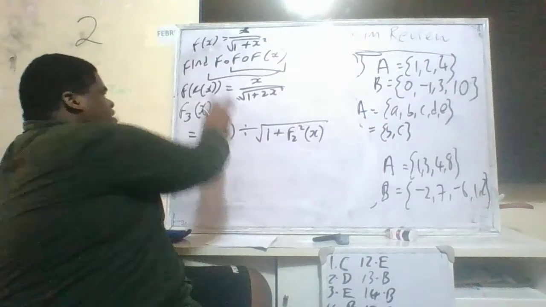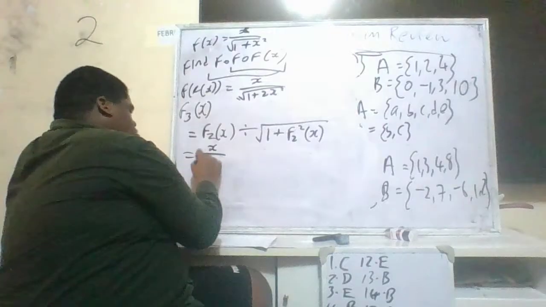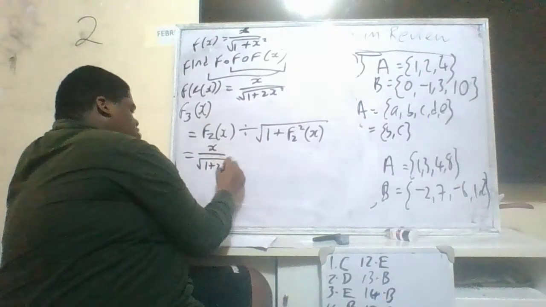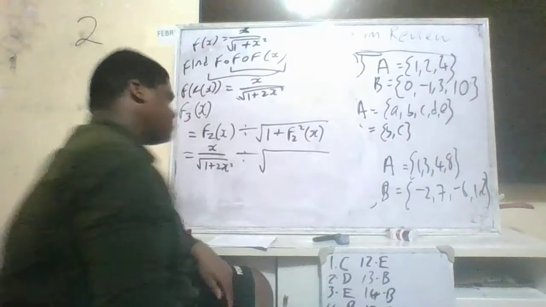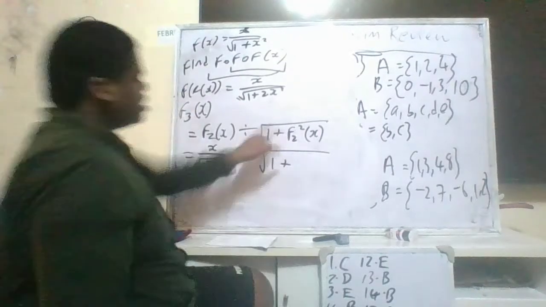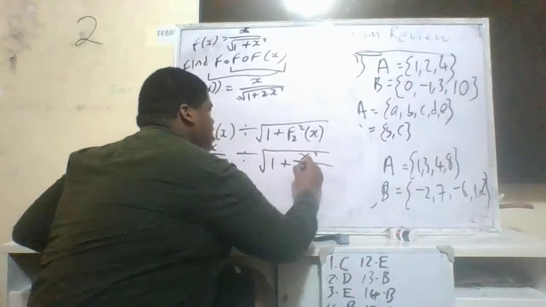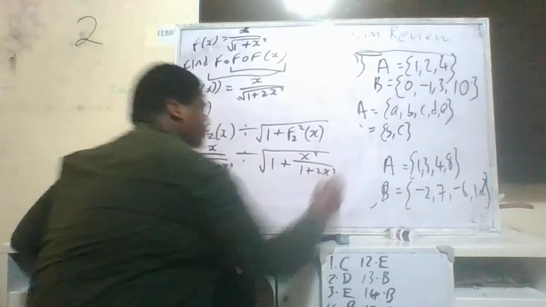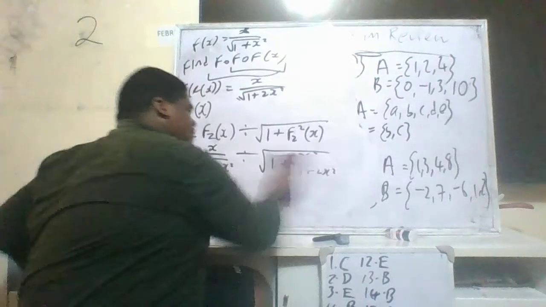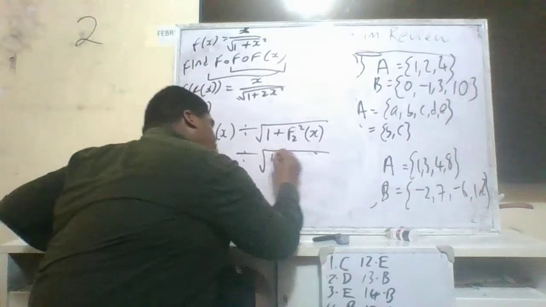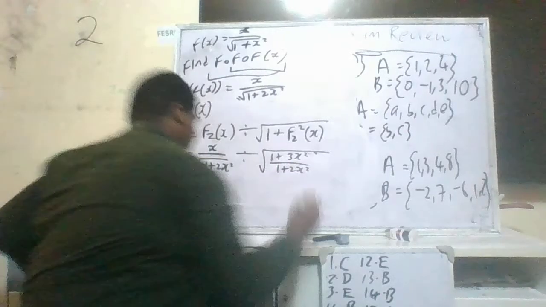f subscript 2 of x is equal to x divided by the square root of 1 plus 2x squared. Divided by the square root of 1 plus, now squaring it, x squared divided by 1 plus 2x squared. The same simplification happens here, and you have 1 plus 3x squared divided by 1 plus 2x squared.